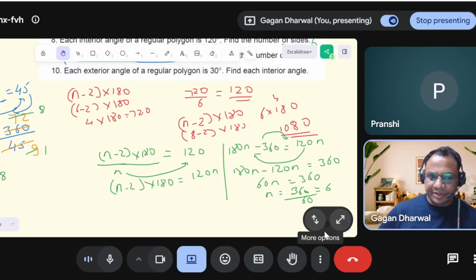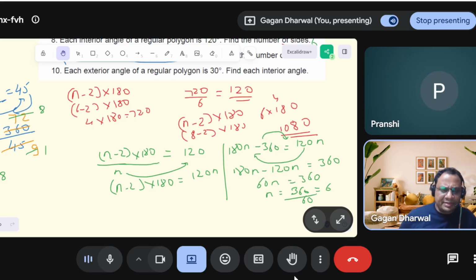We know the polygon with three sides is a triangle, four is a quadrilateral, then pentagon, and so on. And we know the formula: the sum of all the angles of a polygon is n minus 2 times 180, which is very important, when n is the number of sides. And also, the sum of all the exterior angles of any polygon is 360, isn't it?